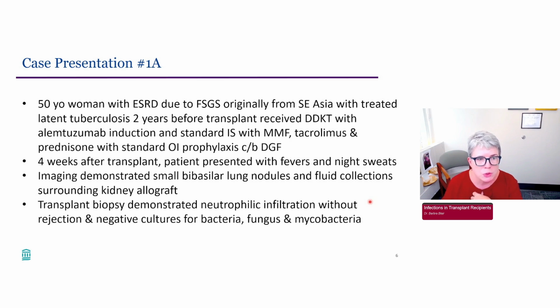The first one is a 50-year-old woman who had end-stage renal disease due to FSGS, who was originally from Southeast Asia and got treated for her latent tuberculosis before her transplant, and then received a deceased donor kidney with alemtuzumab induction and was receiving standard IS with MMF, GROW, and PRED, as well as standard opportunistic infection prophylaxis. Her course was complicated by delayed graft function, and she had been discharged, but about 4 weeks after transplant, she started having fevers and night sweats.